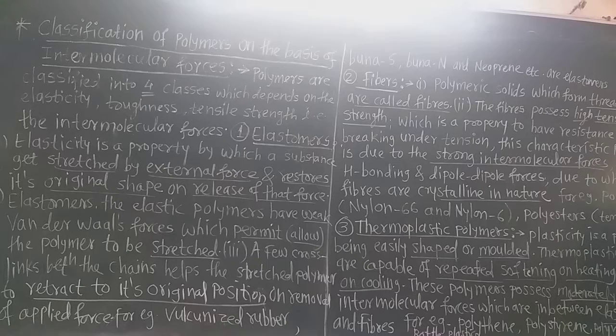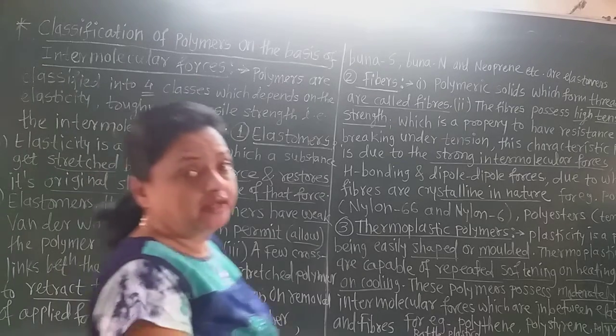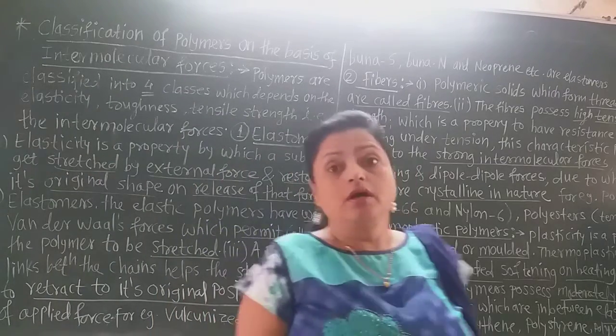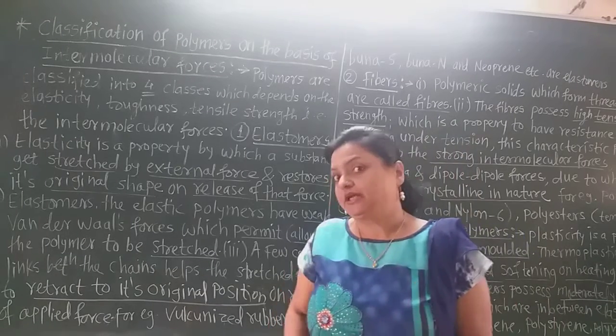The third one is based on the mode of polymerization, and this is the fourth type of classification of the polymers. This classification is based on the intermolecular forces which are present between the monomers of those polymers.